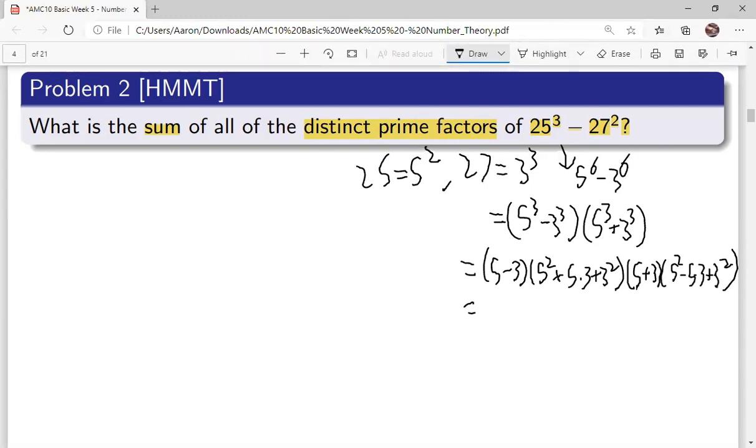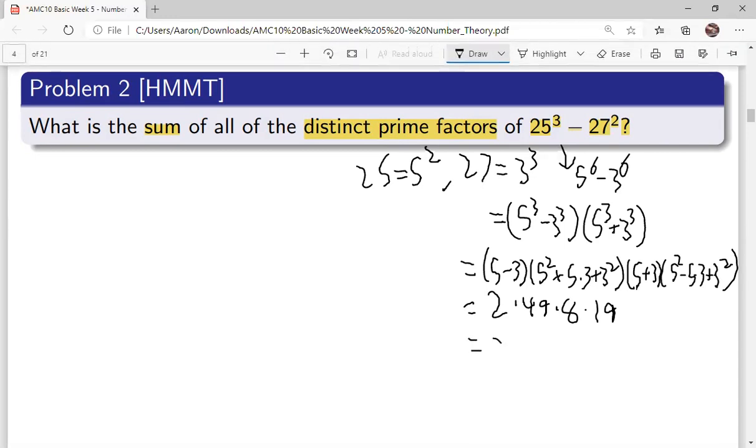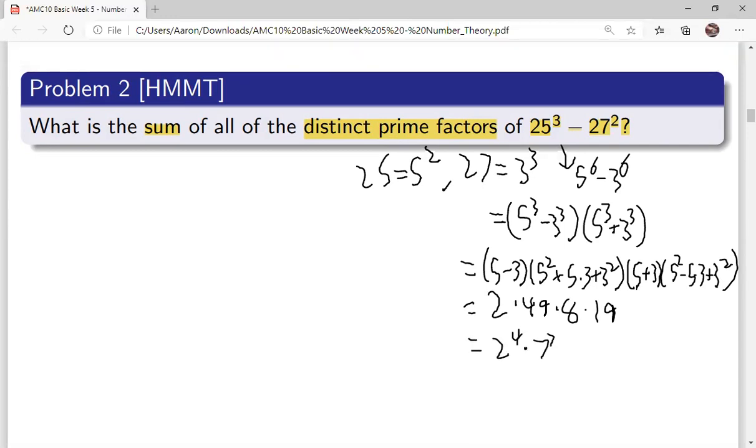And so this is equal to 2 times 49 times 8 times 19. Want to simplify all of this down. And so this equals 2 to the fourth times 7 squared times 19.